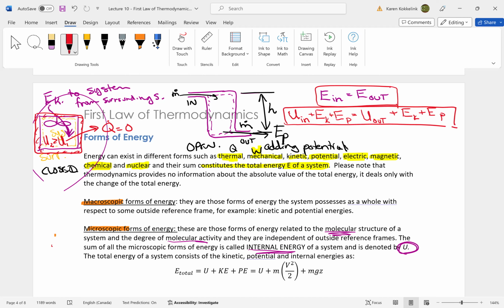Again, let's look at it here. This just says E total. This says it the same way.